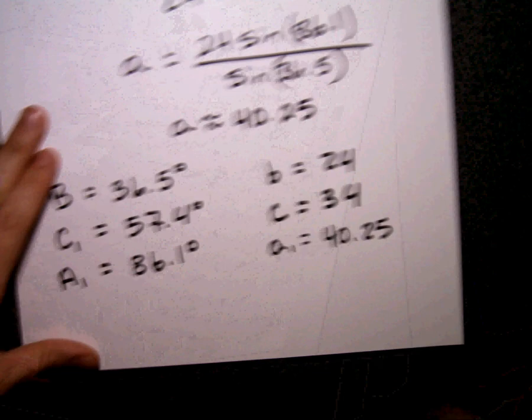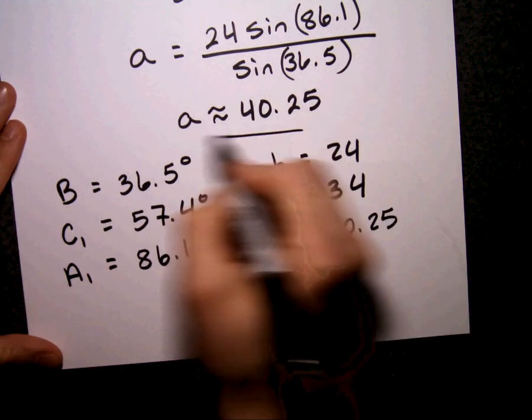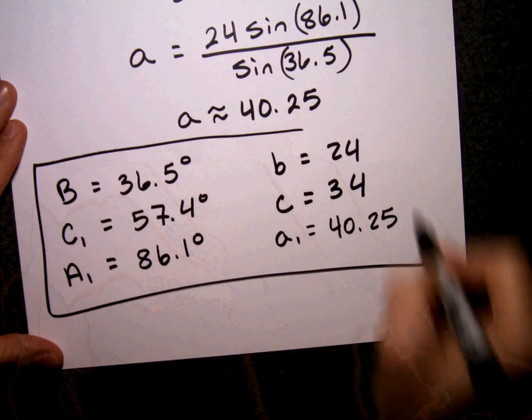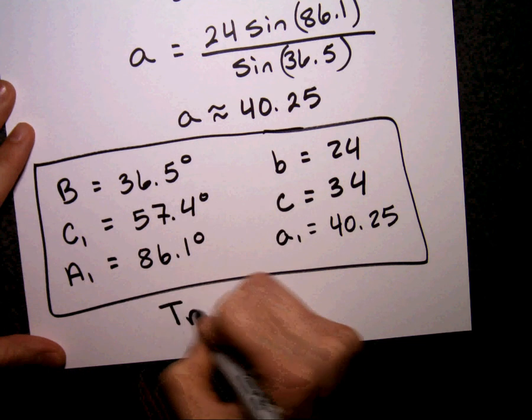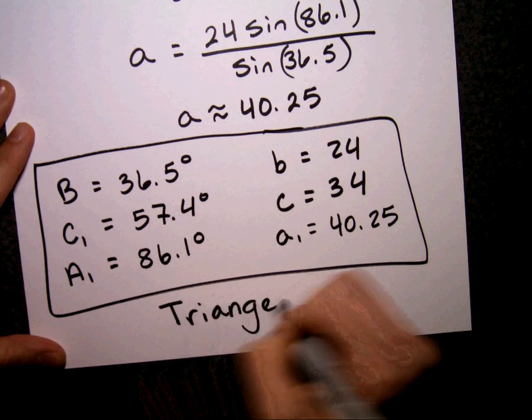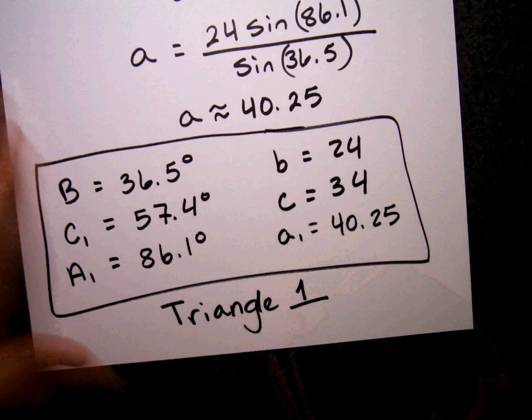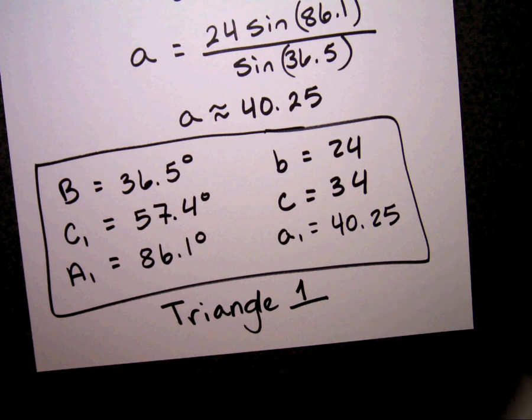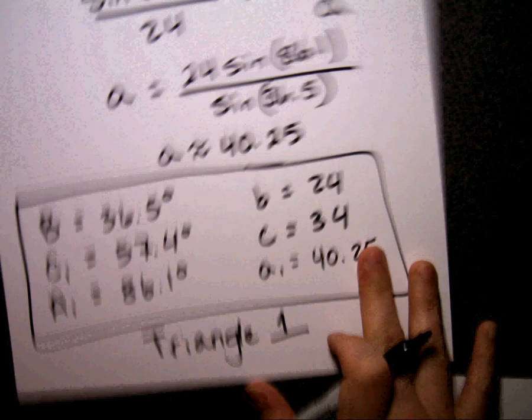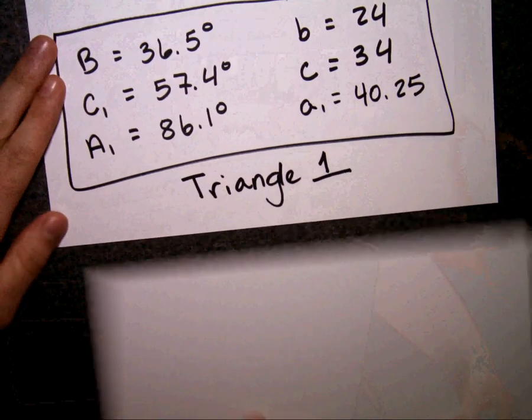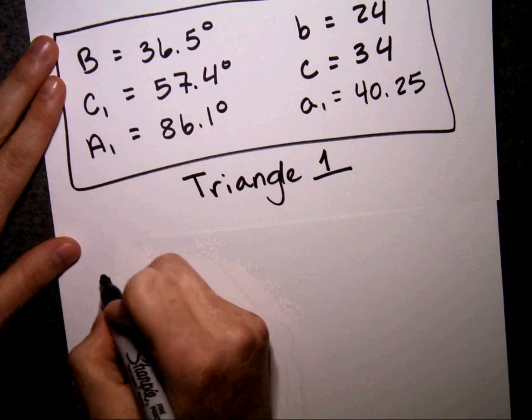So we have finally solved all of our triangles. So these are all the values for triangle 1. And for triangle 2, we have all of our same given values. So angle B, side B, and side C will remain the same.